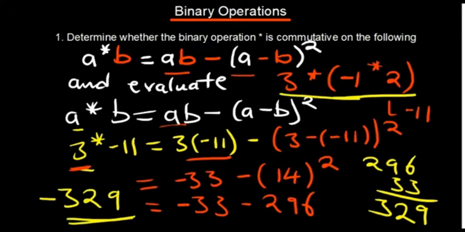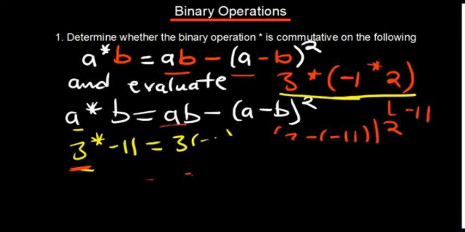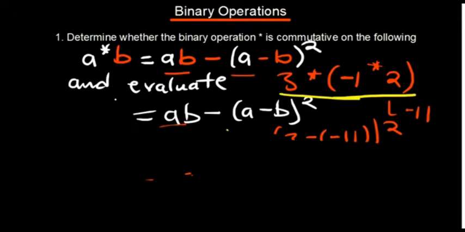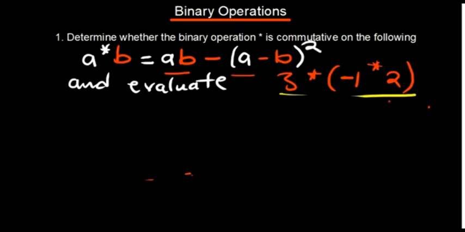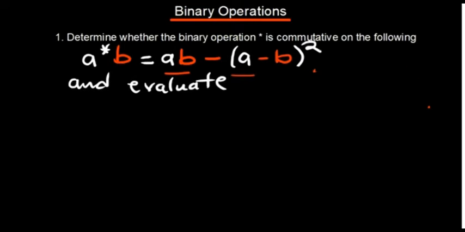Okay, let's move on now. Let's try to show whether it is commutative or not. What does it mean when we say commutative? A very good example is when we say addition is commutative. It doesn't matter which one you start with.